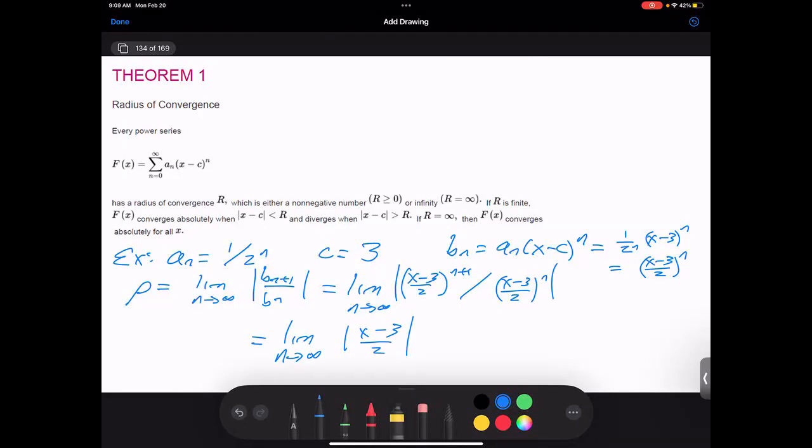So as n gets larger and larger, what does x minus 3 over 2 go to? Sorry? Why would it go to infinity? So when n equals 15, what is x minus 3 over 2? How'd you get 6?